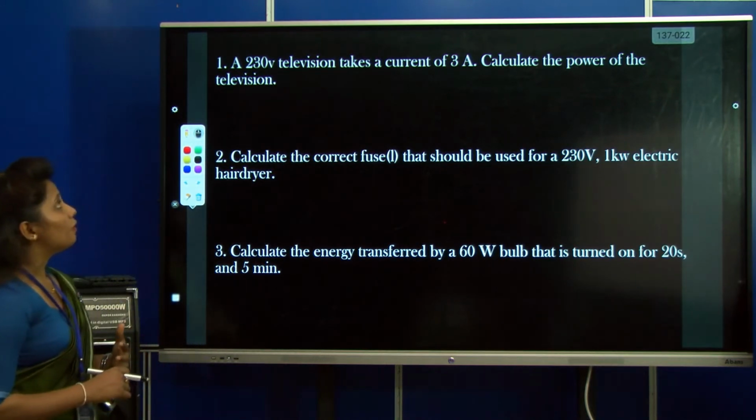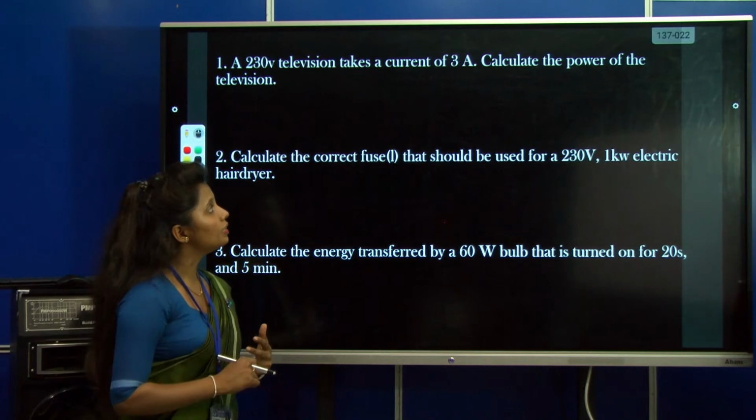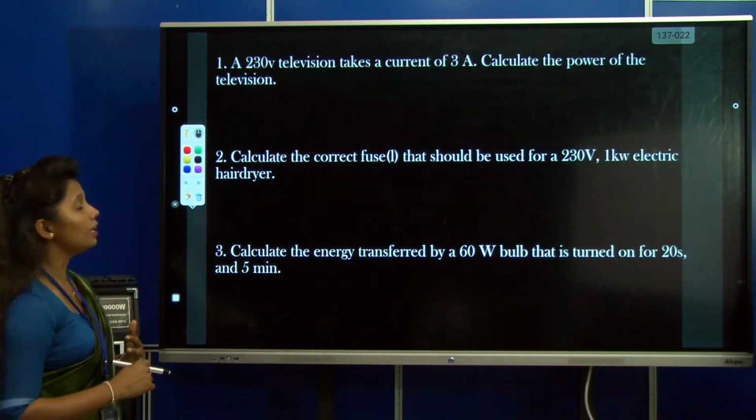A 230 volt television takes a current of 3 amperes. Calculate the power of the television.